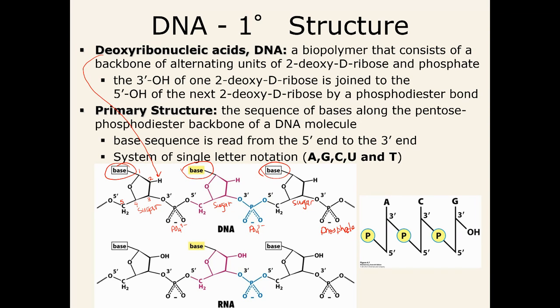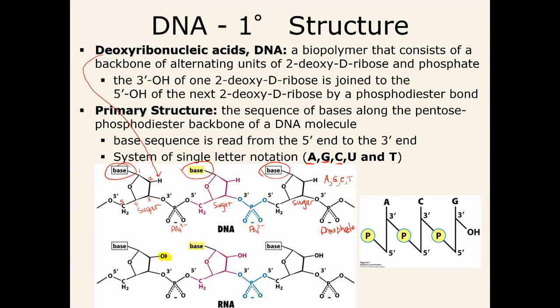In DNA, this would be DNA because of the deoxyribose sugar, the base will be either A, G, C, or T. And then in RNA, do you see the difference here? Let me highlight it with a pen.